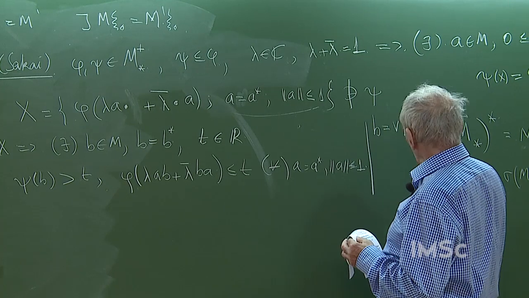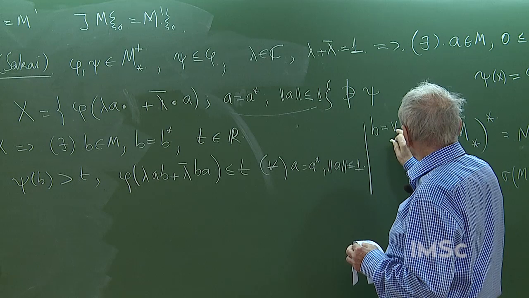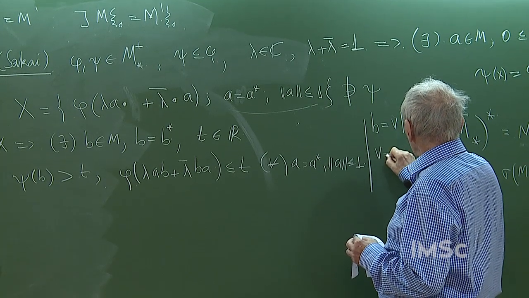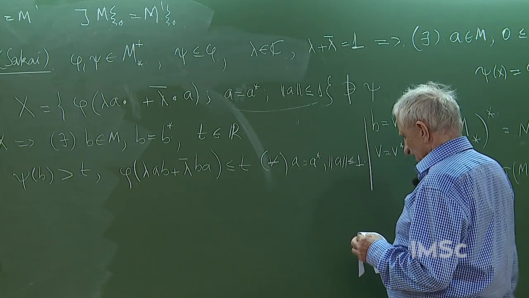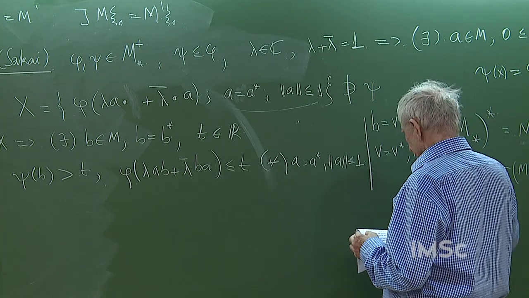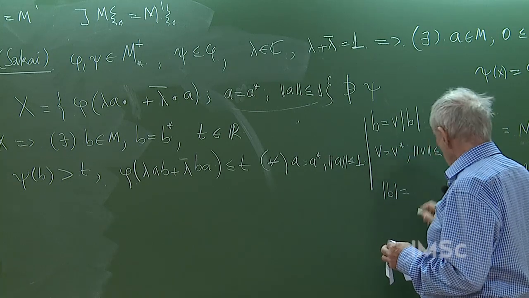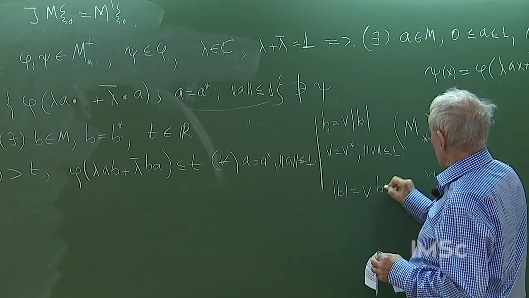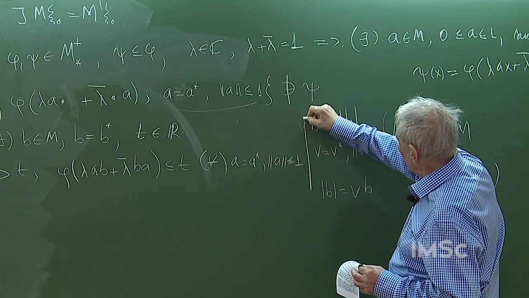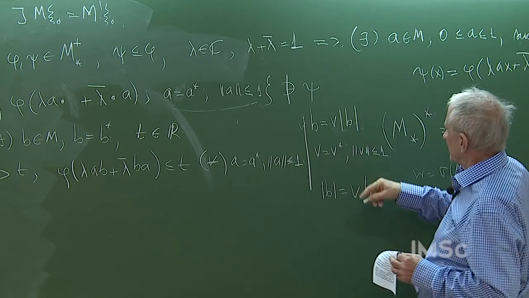Okay. Now, for this B, I take the polar decomposition. Then, in this polar decomposition, we will see that the partial isometry V is self-adjoint, and of course its norm is less than or equal to 1. Then B equals V star V B, because V star V leaves B in peace.